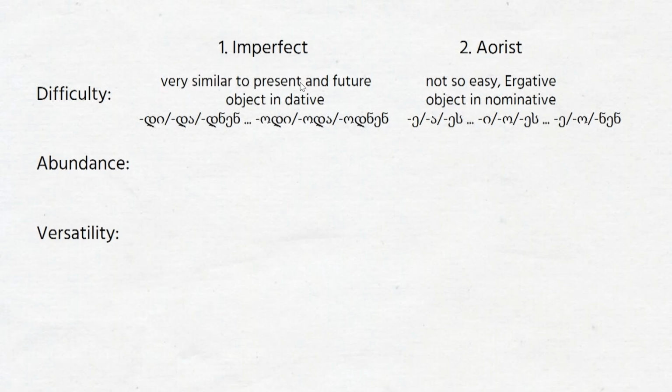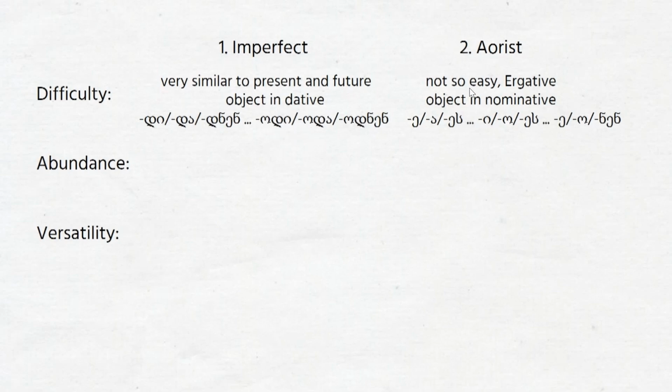So it's very similar to the present and future. The object is in dative, and you only have to remember that the formation is the modification to the verb is die, da, or dnen. For the class 2 verbs, it's a bit different. You have to add the o before that, but that's also not too much. But that has you covered for the imperfect.